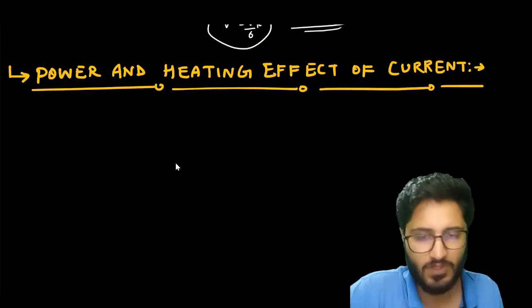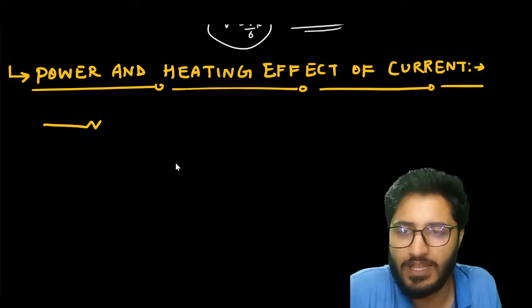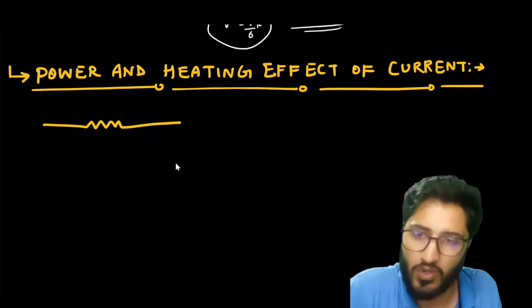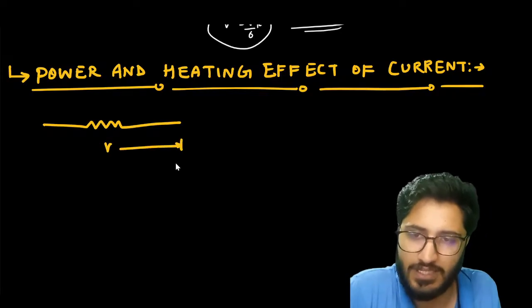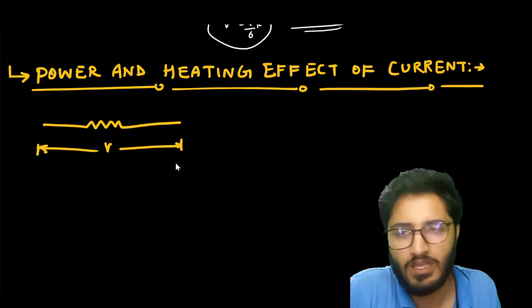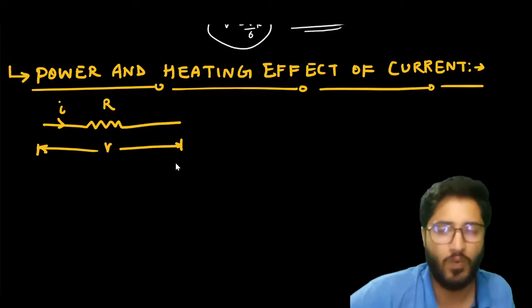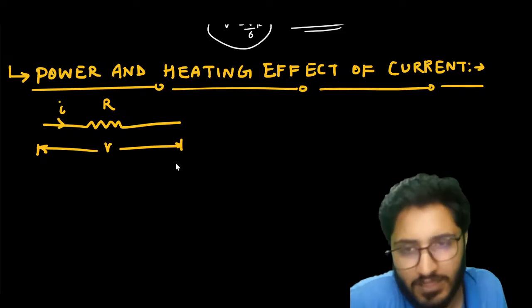Now if we have a resistor here, with potential difference V across it, current I flowing and resistance R, what can I write?